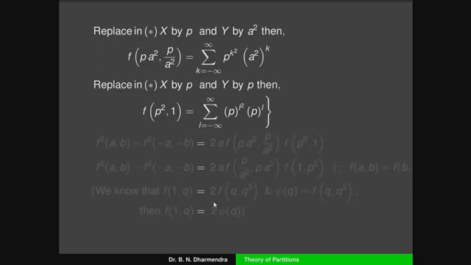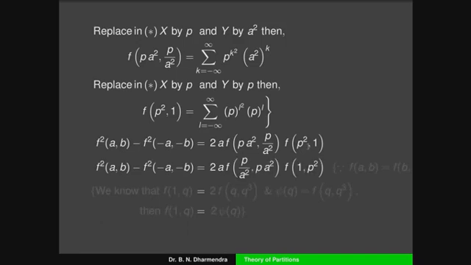Hence, f square of (a, b) minus f square of (minus a, minus b) is equal to 2a times f of (p into a square, p by a square) into f of (p square, 1). Or also it can be written: the second term can be written as 1 by p square, that is, we have to replace the value of f of (a, b) by f of (b, a), that is the symmetry.